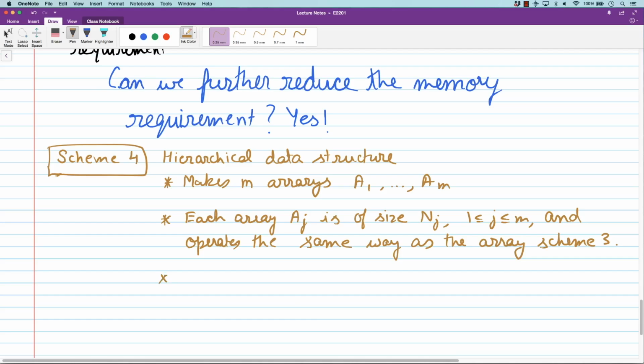So given a token xi, we store xi with f of xi equal to j, where f is this UHF, in array aj.